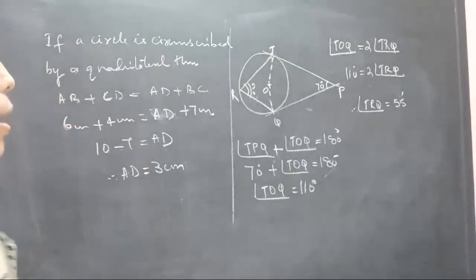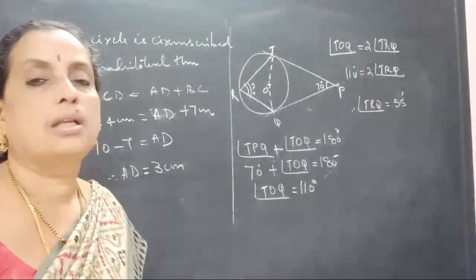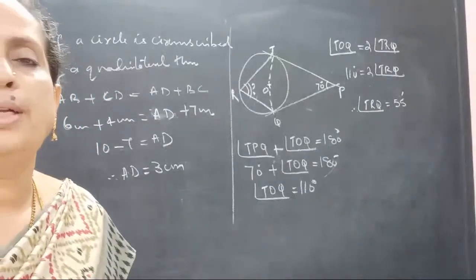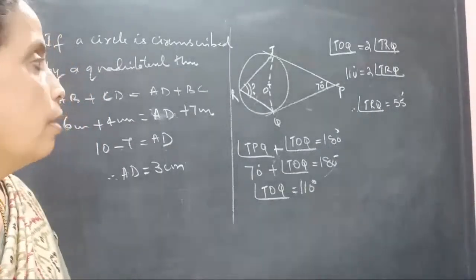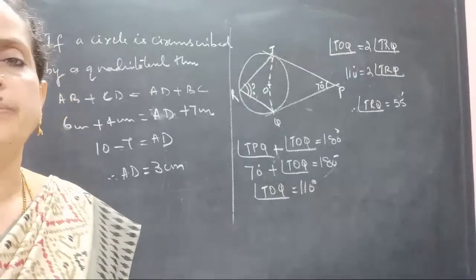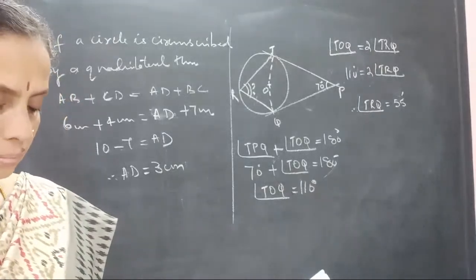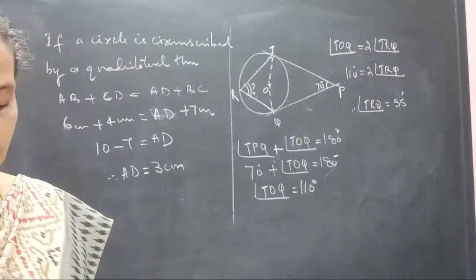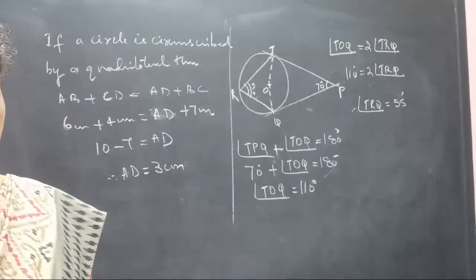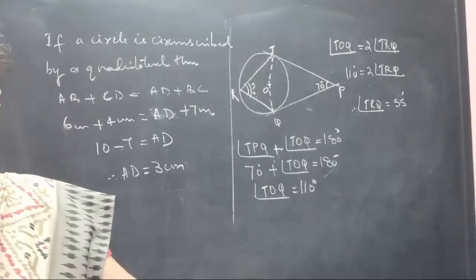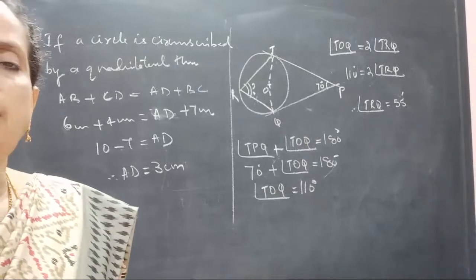Therefore, angle TRQ equals half of 110 degree, it is 55 degree. Is it clear?